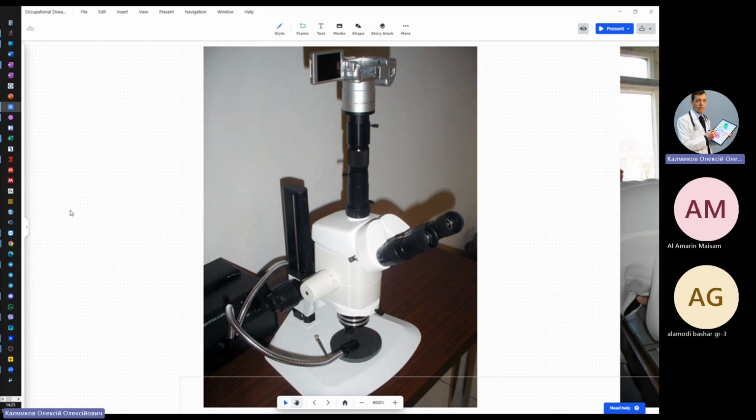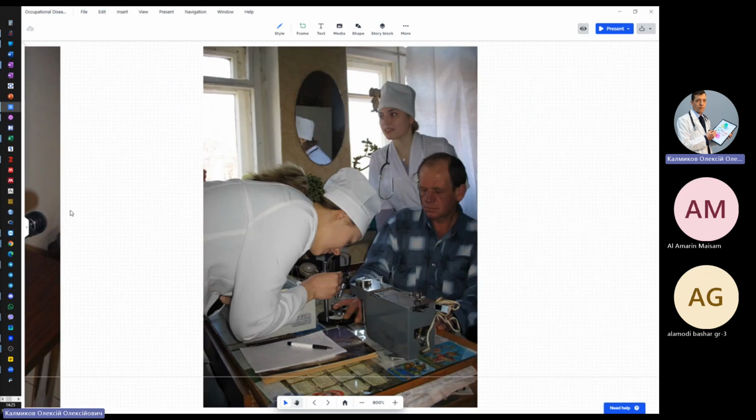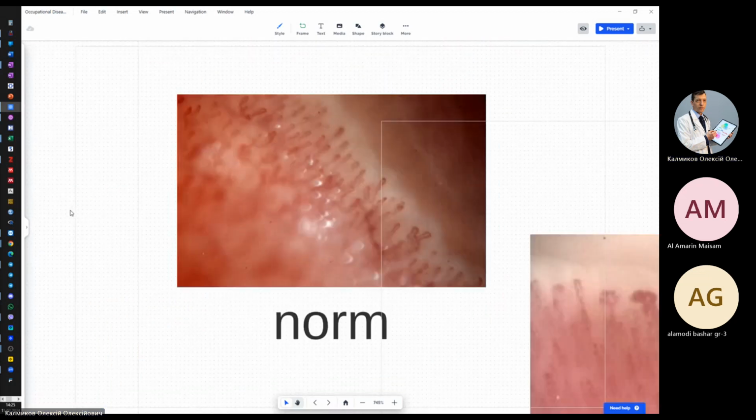And here is, for instance, the photo of our real investigation with our students of our research society at the department, of real patients. And here is the outlook of the capillaroscopic picture.